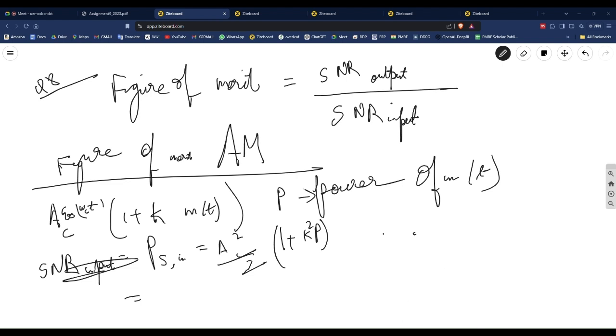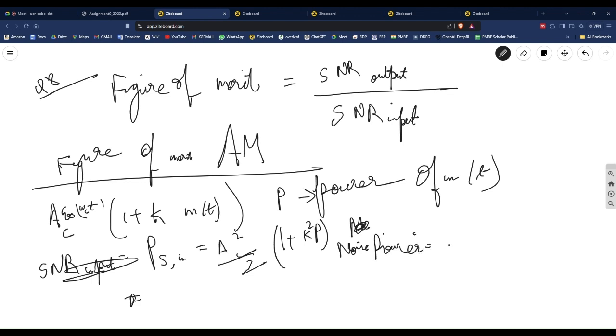Continuing on, the input power signal is Ac square by 2 times 1 plus K square P. Now the message signal bandwidth, message signal noise power. The noise power depends on the message signal bandwidth and the PSD of noise.